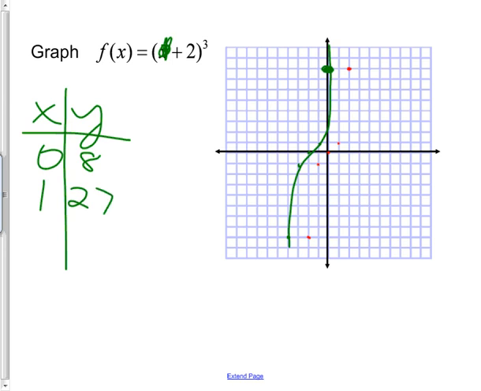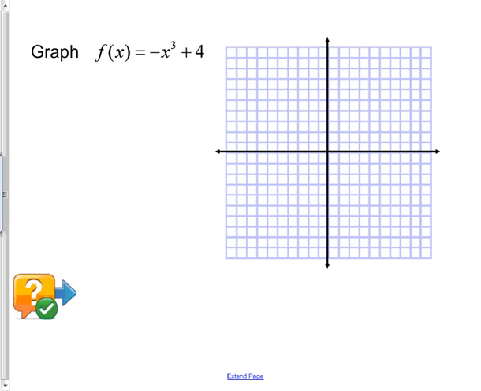So 1, I can't even possibly graph that on this because it's too big. If I stick in negative 1, I get 1, and 1 cubed is 1. So negative 1 goes with 1, and that's this one right here. So, etc. You could have just probably made an XY chart and made it go faster. But I want you to be able to do both. I want you to be able to make an XY chart like this and then get the points that way.